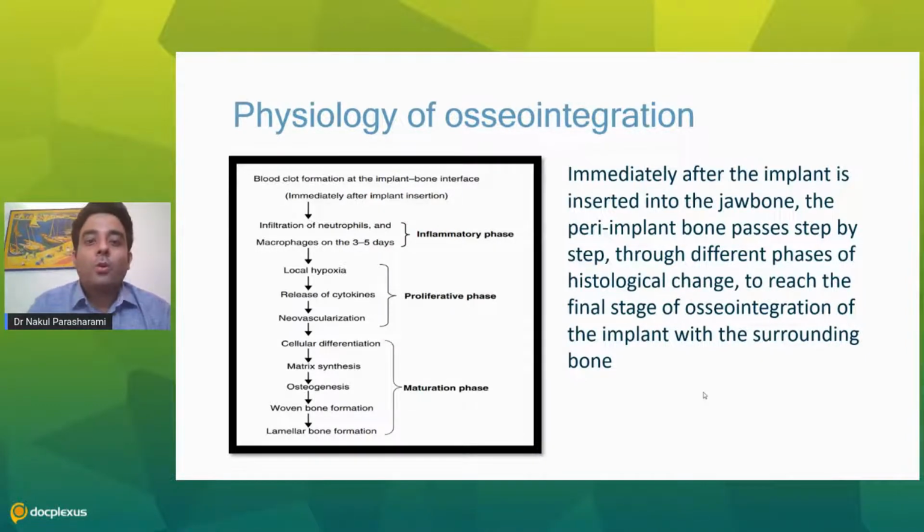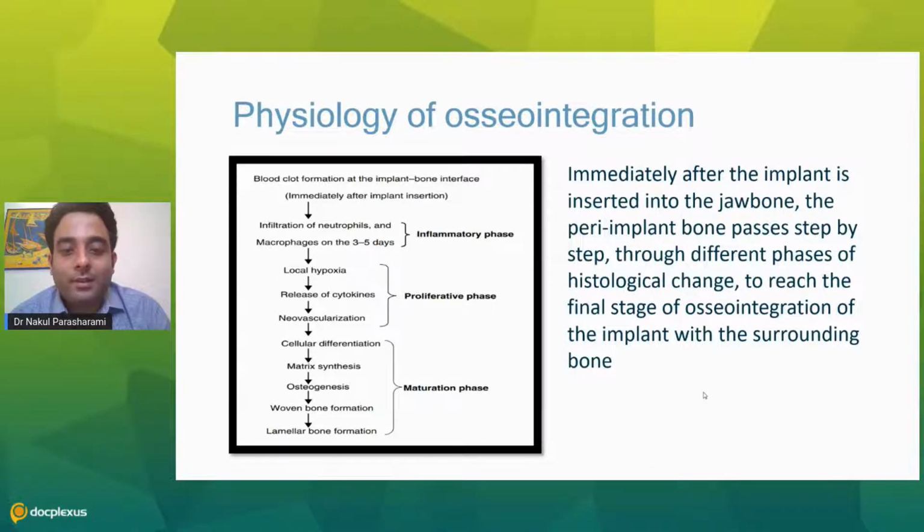So clinically, how do we check for osseointegration? Clinically, the implant is not mobile when it is tested. The implant is asymptomatic. There is absolutely no infection or any pain associated with it.